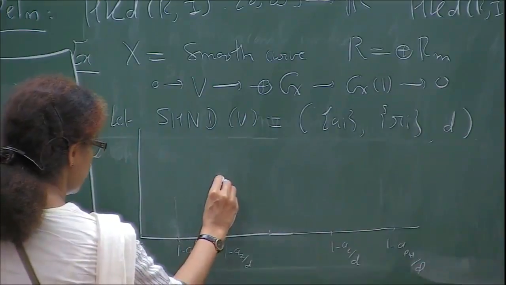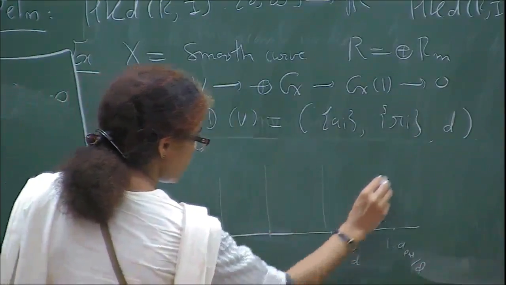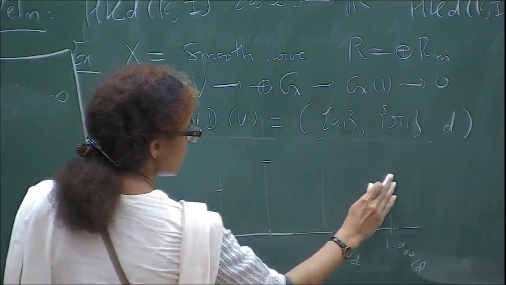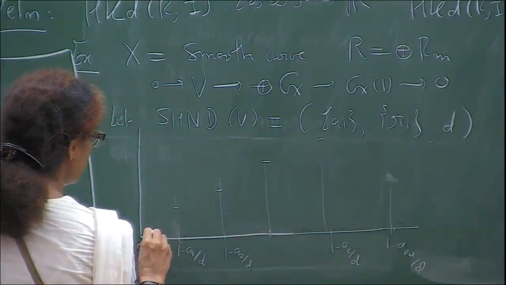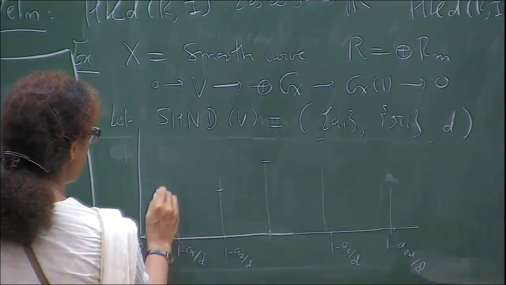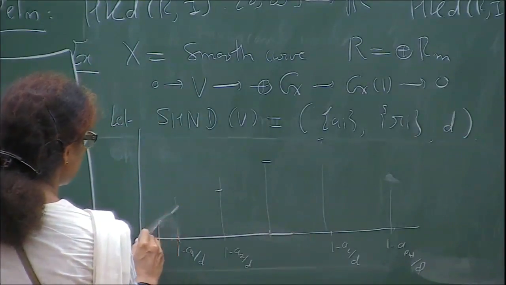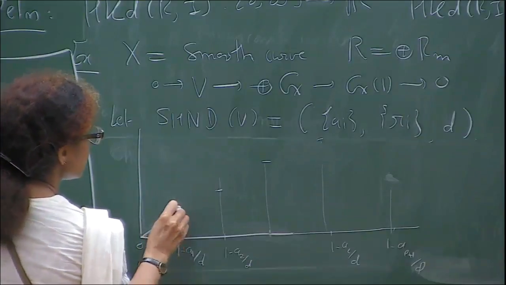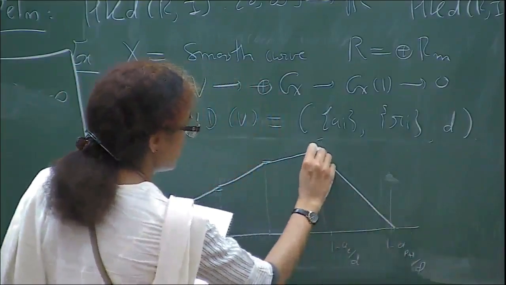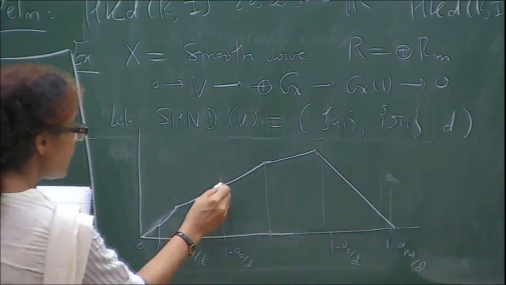So the thing is, I missed out one here. It's the one I'm supposed to be. So there's one here. So there's one, and it increases. So these are really points of singularity.